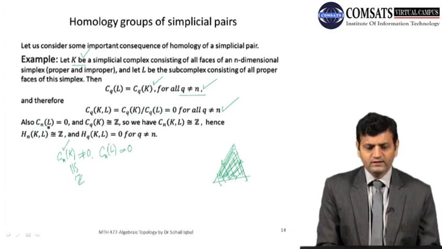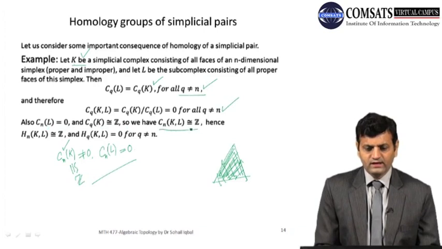Also Cn(L) is 0 and Cn(K) is isomorphic to Z. We have already discussed this, and so we have Cn(K,L) isomorphic to Z. Once again this is just the quotient of Cn(K) and Cn(L), so that's why it is isomorphic to Z. Hence we have this result.